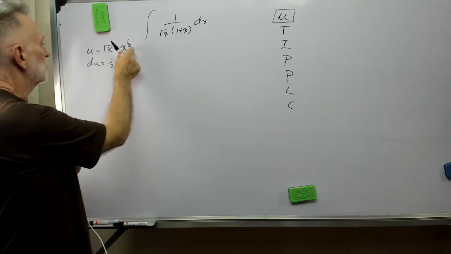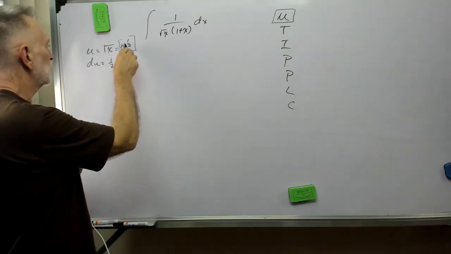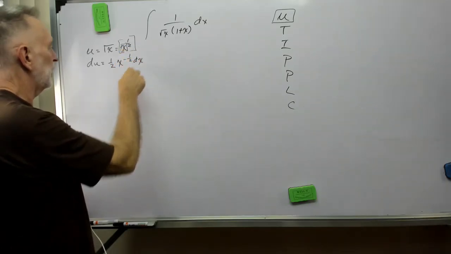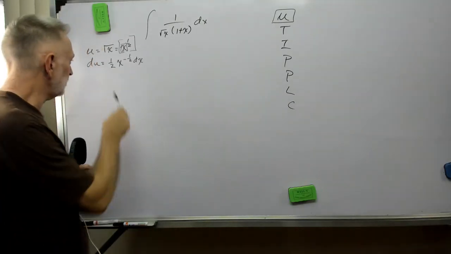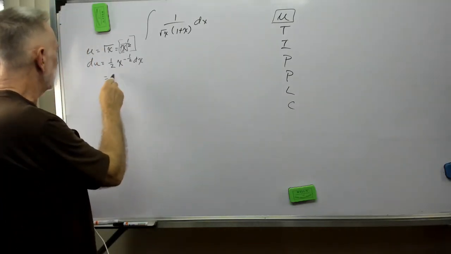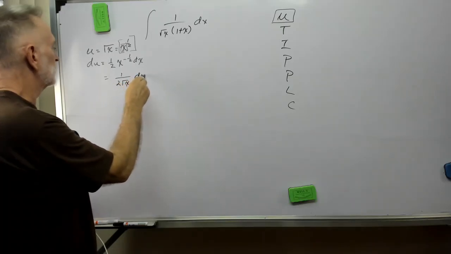That's the derivative of the outside function. What's my inside? Now I have to take the derivative of x. This is a chain rule from Calc 1, remember? So that equals 1 over 2 square root x times dx.